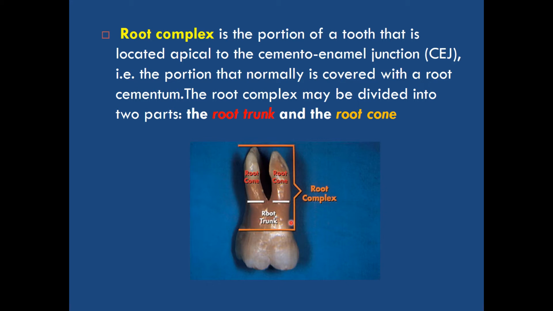The first part is called the root trunk and the other part is called the root cone. The root trunk is the distance from the cemento-enamel junction to the line of separation of the furcation area. And the root cone is the divided portion of the root complex, while the root trunk is the undivided portion of the root complex.